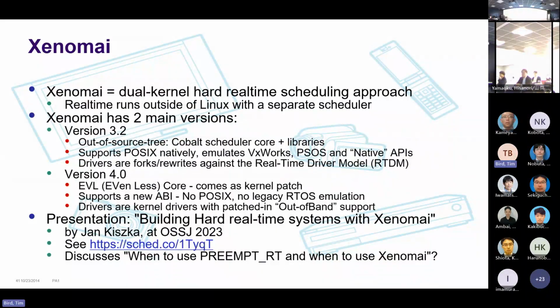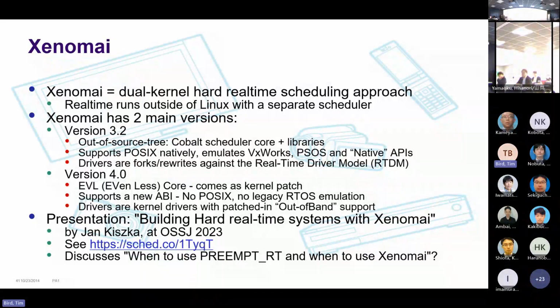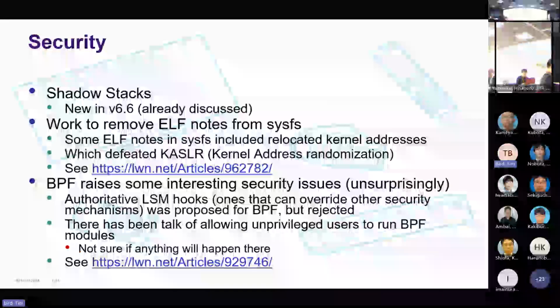The other way to do real time in the kernel is with Xenomai, which is kind of the dual kernel approach. And you have essentially a hard real-time kernel with Linux running to the side of that or on top of that. And this has its own pros and cons. I'm not going to go into them, but that continues to be supported and developed.